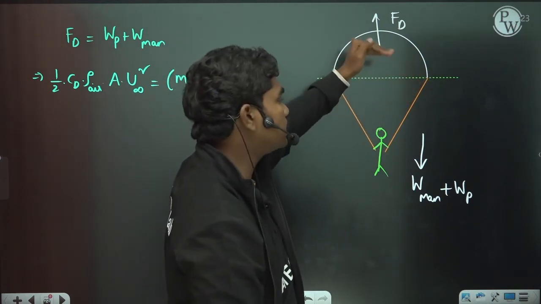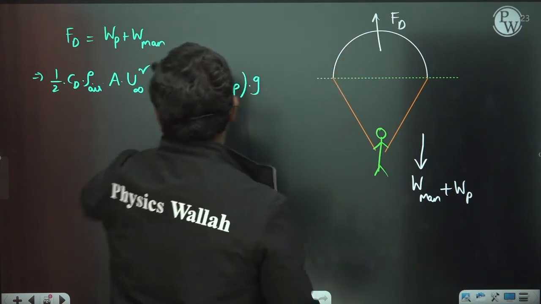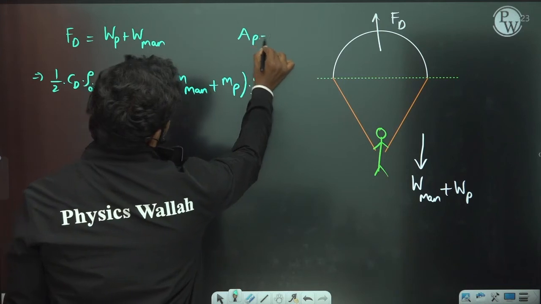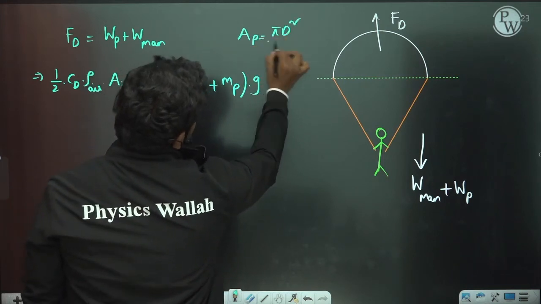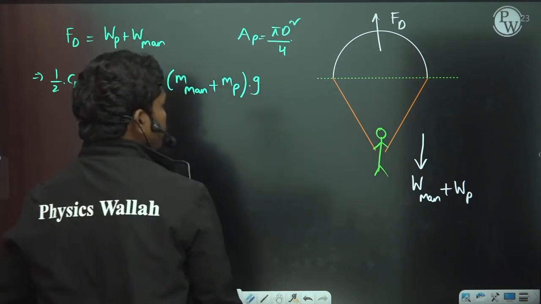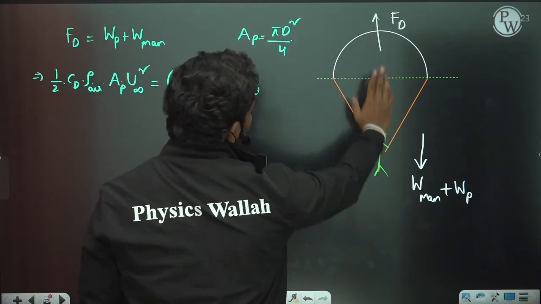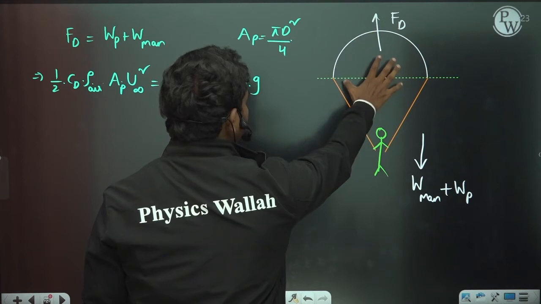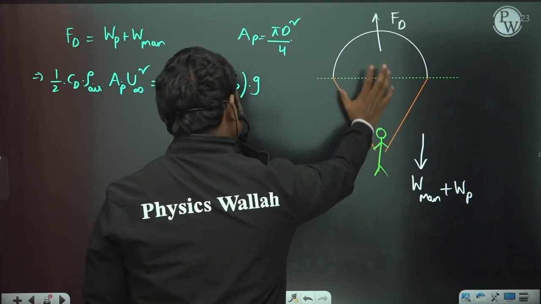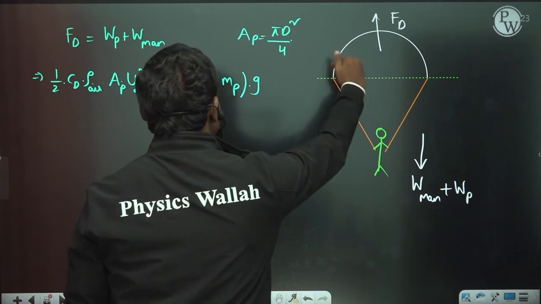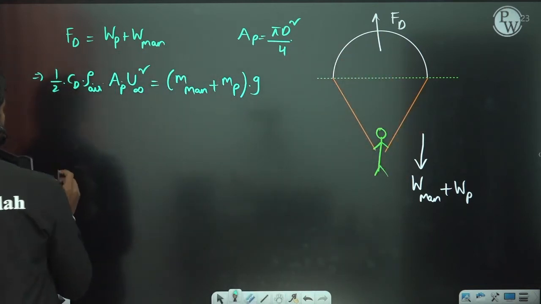So pi d square by 4 is the projected area, AP, because the air is flowing. The drag force is in the vertical direction. If air is flowing in this direction, then the projected area of this hemisphere perpendicular to the flow direction is a circle in the top view. Let us see these values.